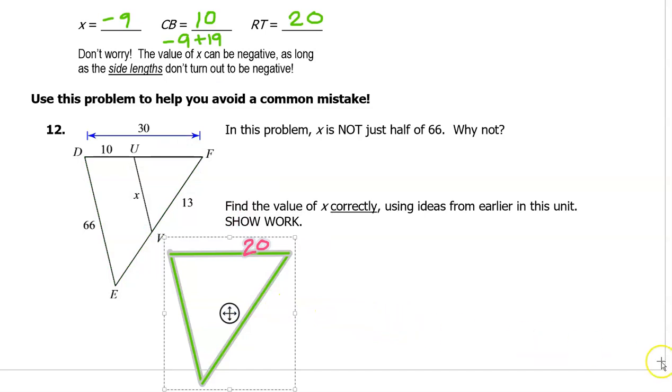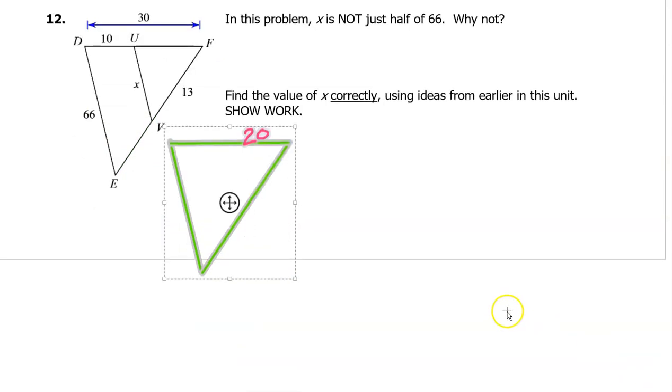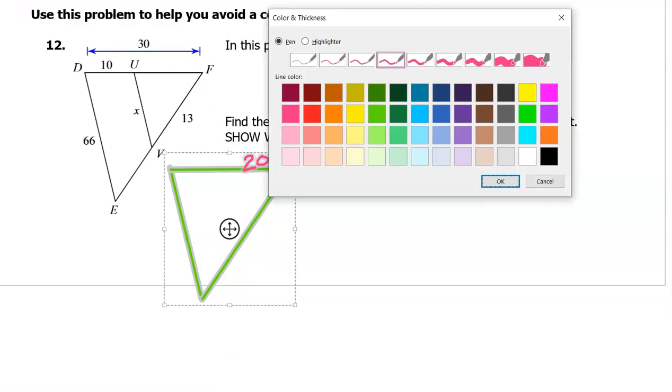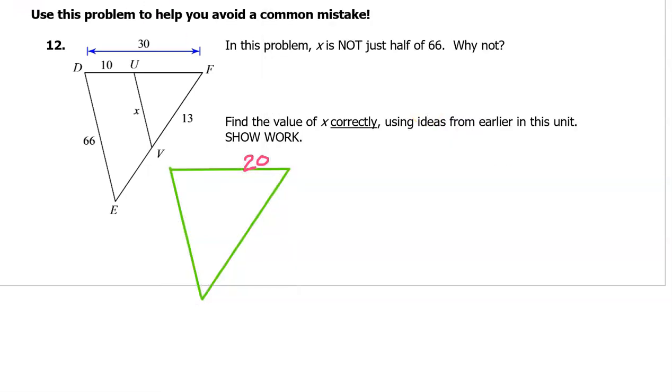Okay, here is the large triangle. Now, here comes the smaller triangle. Okay, so now we have the larger triangle and the smaller triangle.